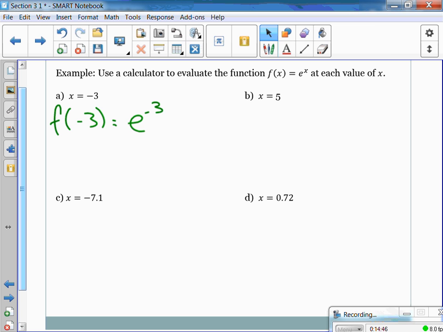Before you put it in the calculator, why? What does that negative mean? Absolutely. So this has our 1 over e cubed. So definitely, as my negative exponents increase, I should be getting a smaller and smaller number. So where do we wind up here? 2.04.